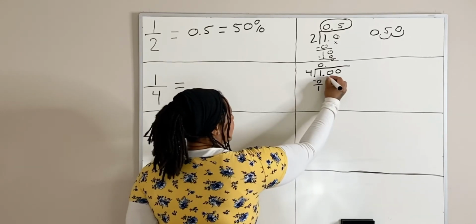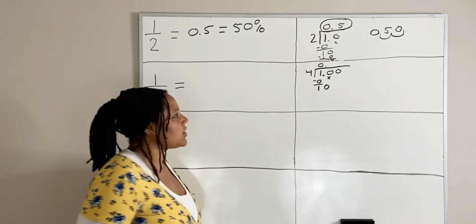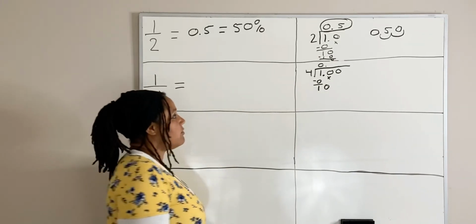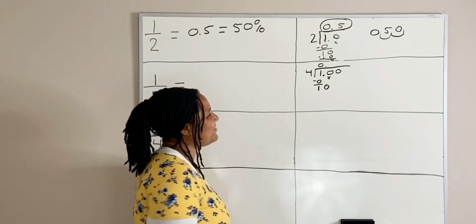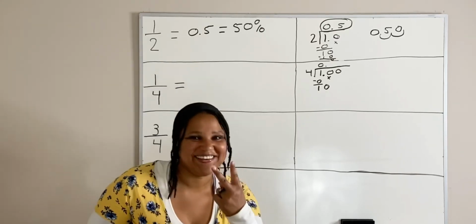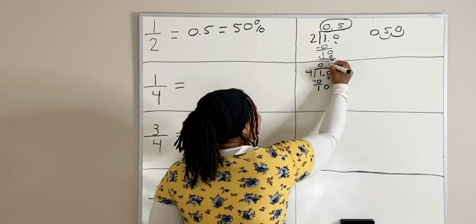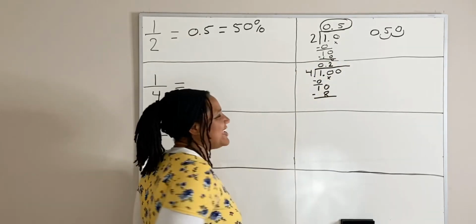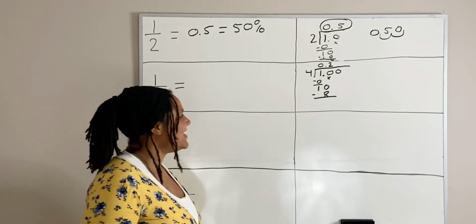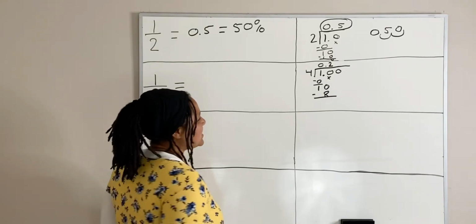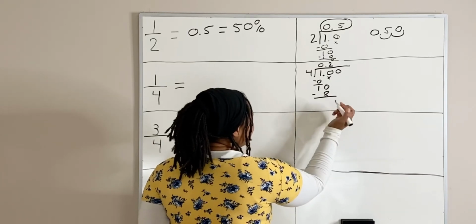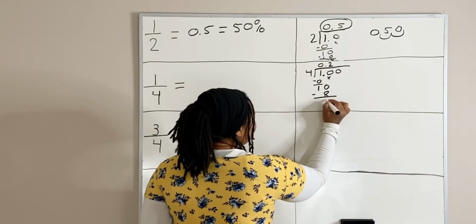Now let's bring down our first 0. 4 goes into 10 8 times. I'm sorry, 4 goes into 10 2 times. 4 times 2 is 8. I was thinking ahead of myself here. So 4 times 2 is 8, and we subtract 10 minus 8, and we are left with 2.